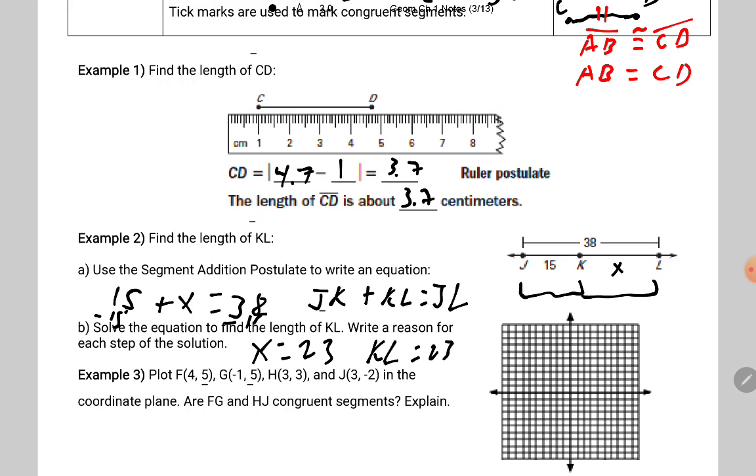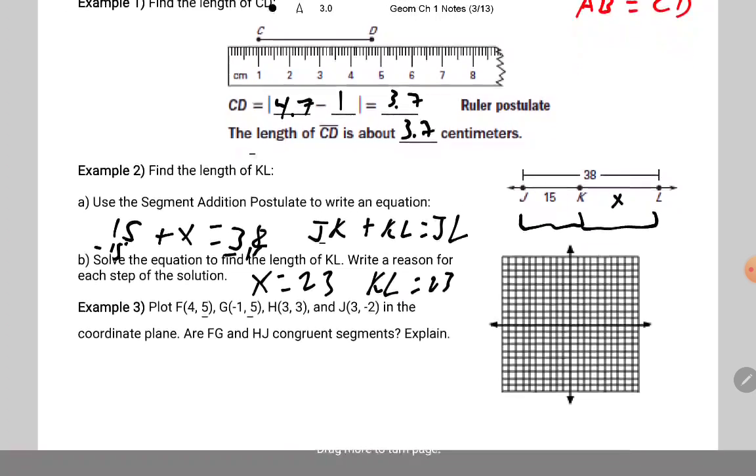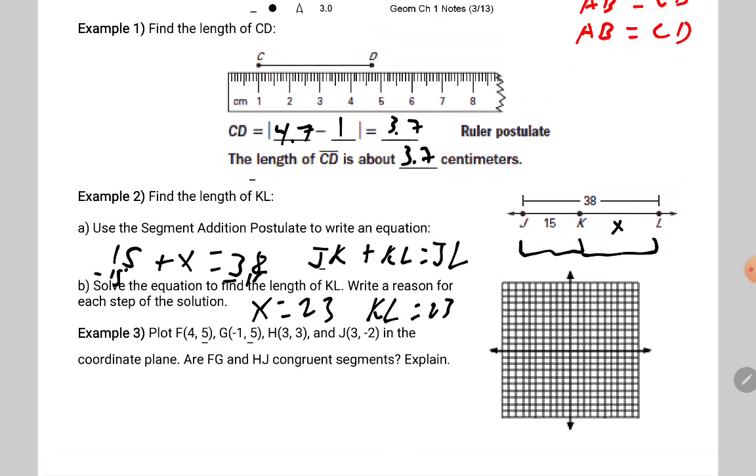Okay, example 3. Plot 4, 5. This is hard to see. 1, 2, 3, 4. 1, 2, 3, 4, 5.